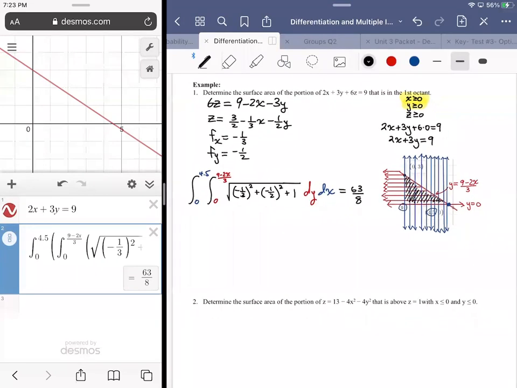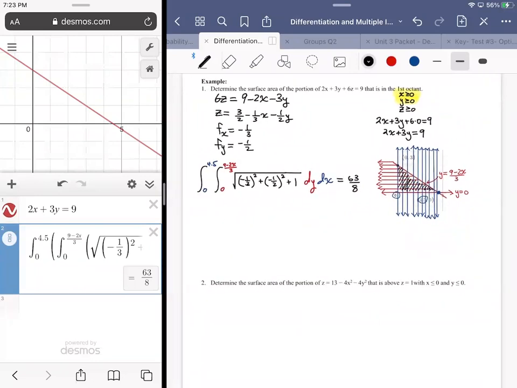All right. So the second example: determine the surface area of the portion of z equals 13 minus 4x squared minus 4y squared. So it's a z equation, which is good. We'll do an example in a few minutes that's not z equals, and I'll show you how to handle that.